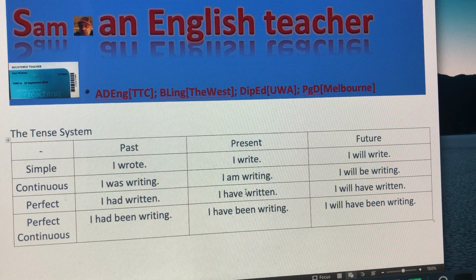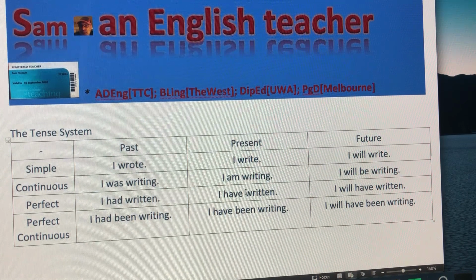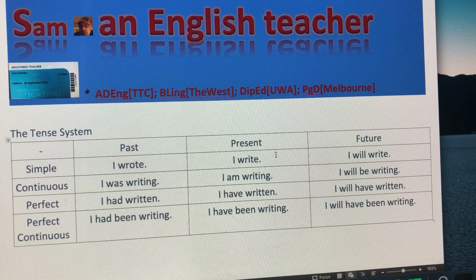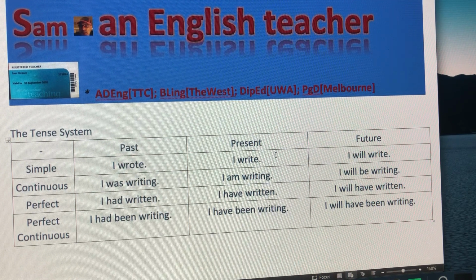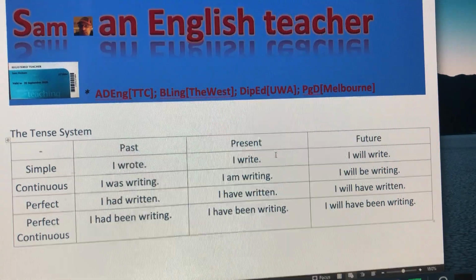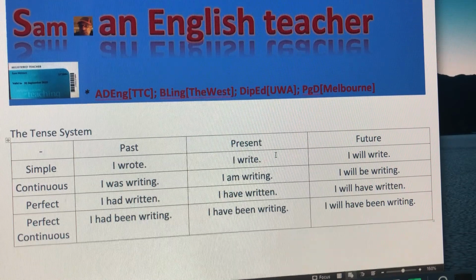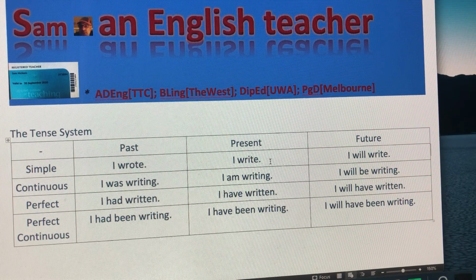Let me say a little bit more about this, and that is, I write is a point of time. It means I sit, I write, I'm a writer. It's not a period of time. I know that it might continue every day, but it is an everyday work or a piece of work or a job that present simple refers to.